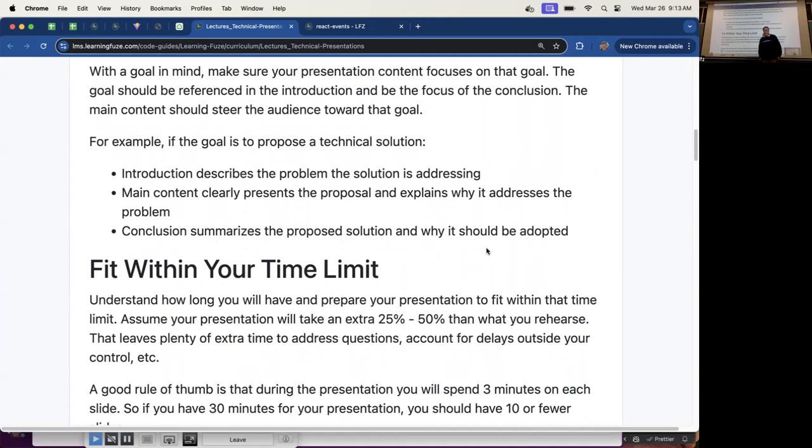Technical solutions are meaningless unless you know what problem you're trying to solve. Then in your main content, you describe the solution that you're proposing for how to fix that, and why it fixes that. And then in the conclusion, you summarize both the problem and the solution and why the solution fixes the problem, that kind of thing. Okay. So that's know your goal and make sure you're driving towards your goal.